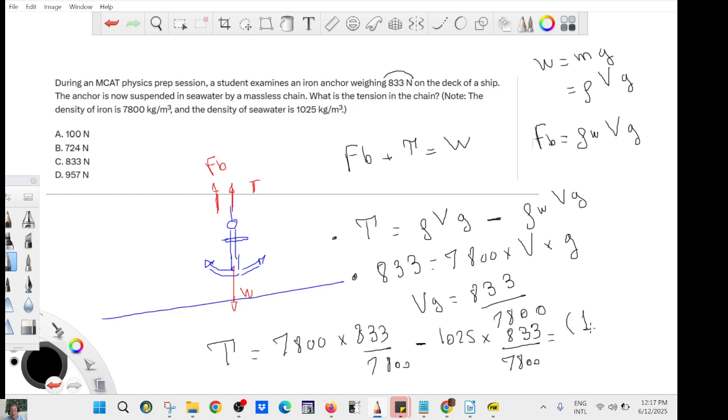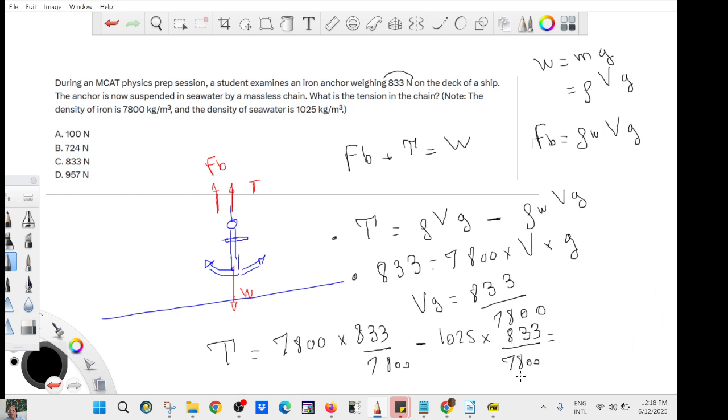So I can factor out here. So it's going to be 1 minus 1,025 over 7,800. So you should be able to do it better than I'm doing it, right? It's a little bit confusing. But if you do the computation, you can simplify, right? You can say 1,025 is about 1,000.